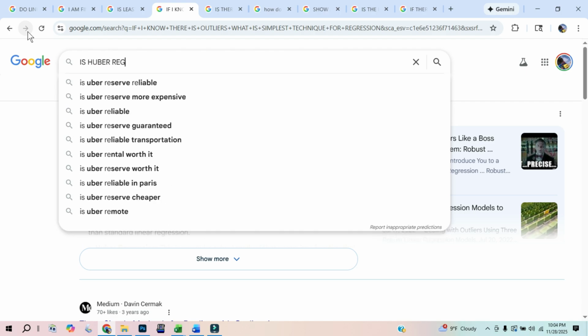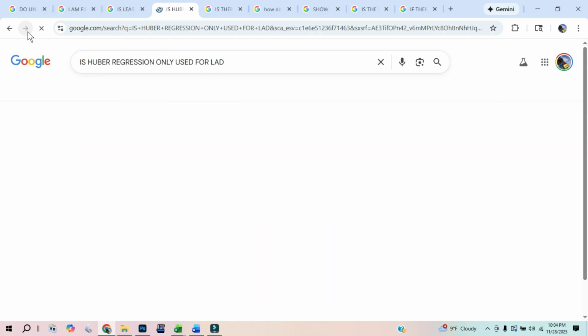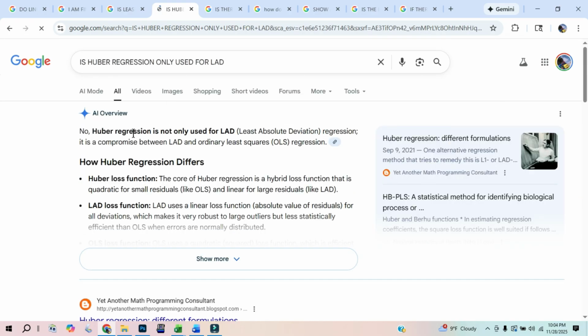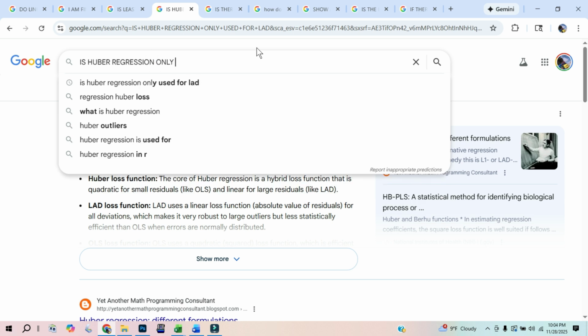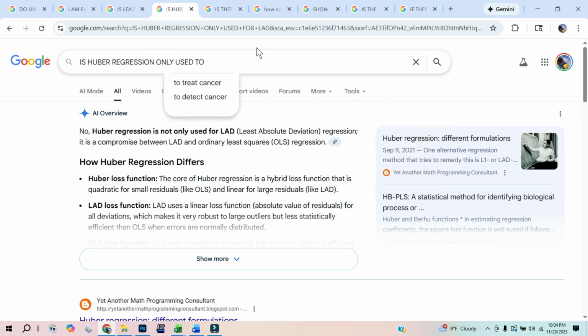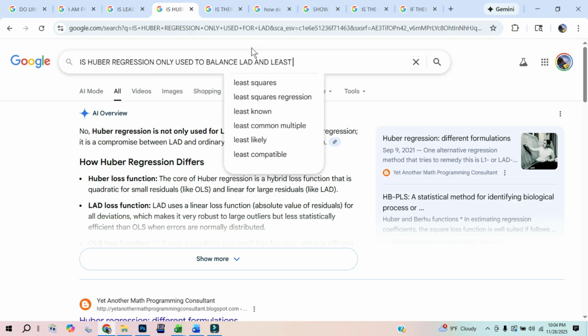Is Huber regression only used for LAD? No, Huber regression is not only used for LAD regression. It is a compromise between LAD and ordinary least squares regression. Is Huber regression only used to balance LAD and least squares?